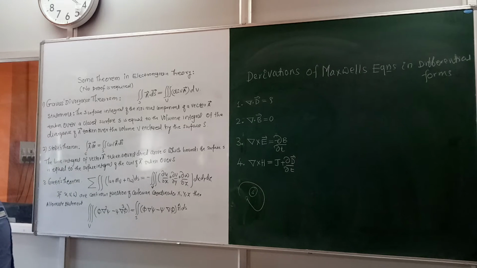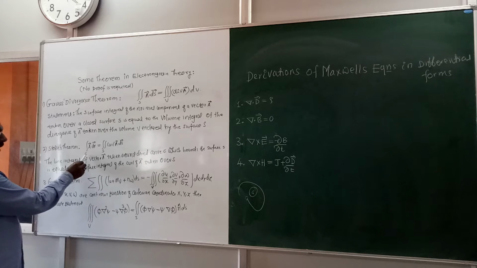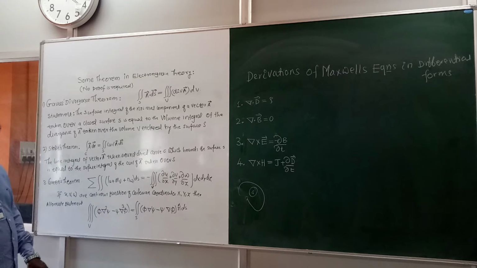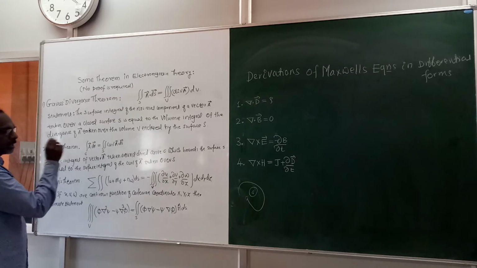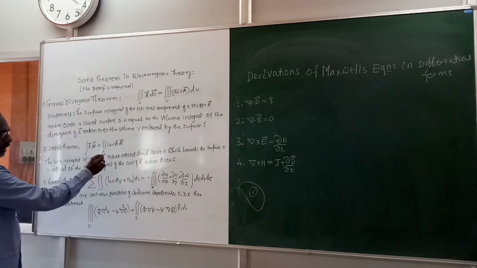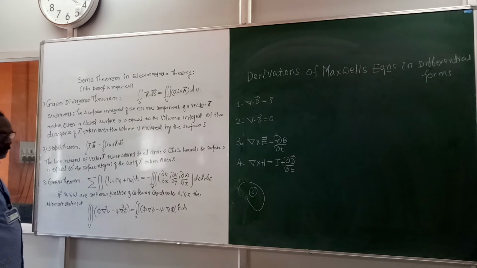In simple words, this theorem, known as Stokes theorem, helps us in converting a line integral, maybe a closed line integral, into a surface integral with the curl of a vector.